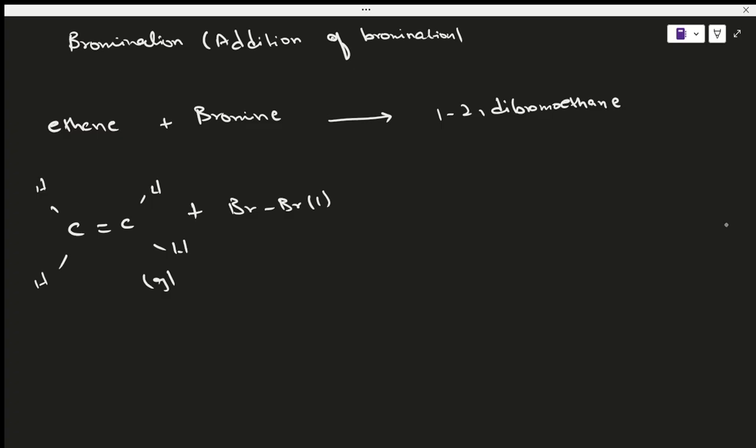Okay, and the way this reaction proceeds is, now this double bond again gets broken, so it becomes a carbon-carbon single bond. You have 2 hydrogens at the top, 2 hydrogens at the right and at the left, and then you have these 2 bromines that are going to get attached at the bottom.